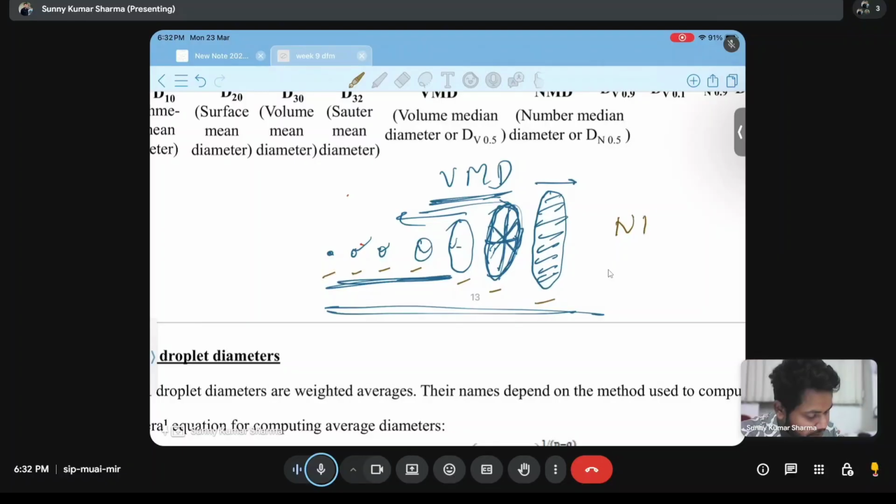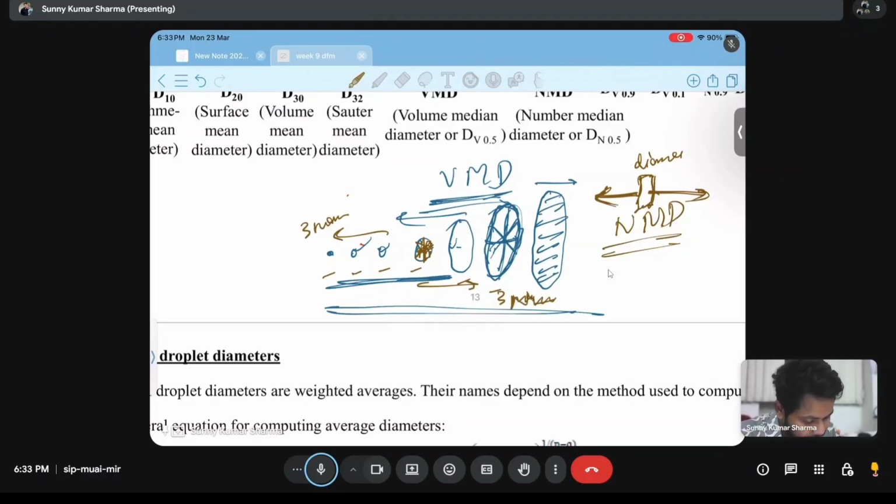So NMD means the number of droplets below that diameter is equal to the number of droplets after that diameter. Suppose in this case, this is very clear. This is the diameter below which there are three droplets, and after this there are three droplets. So this is NMD. This is number median diameter. You're getting it?